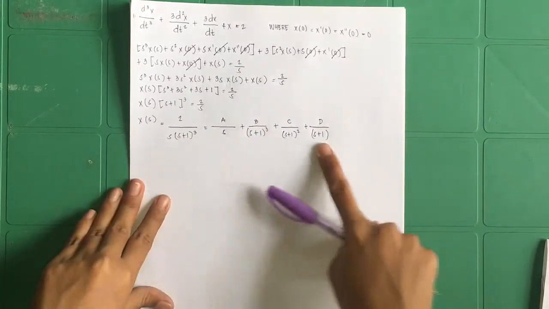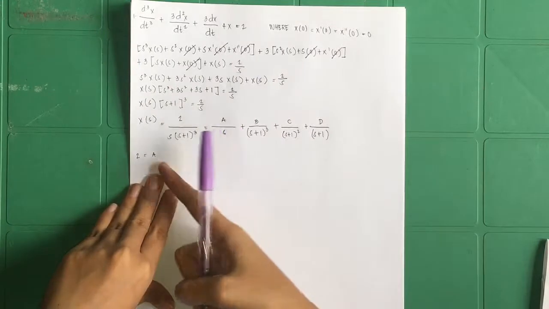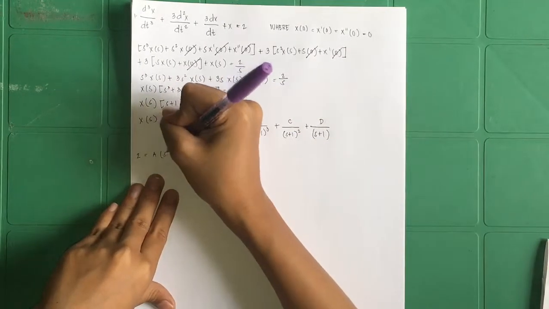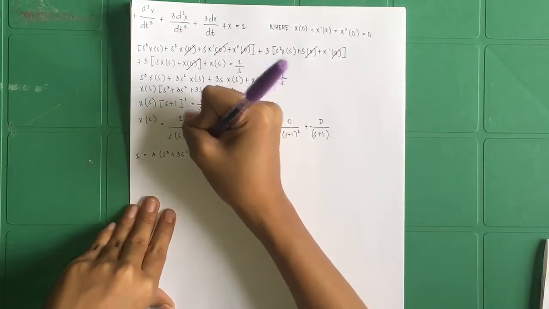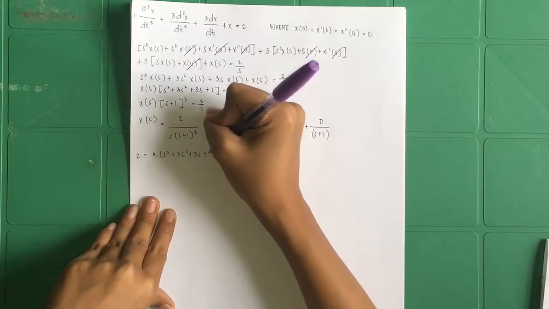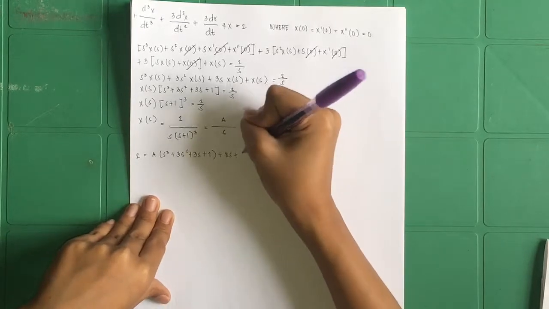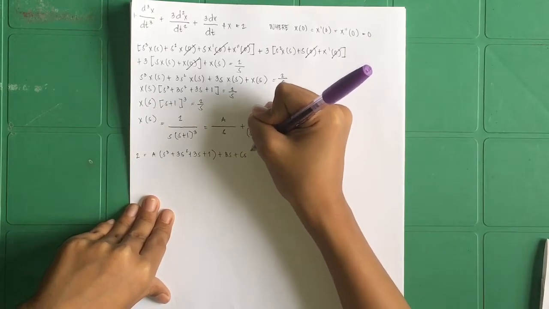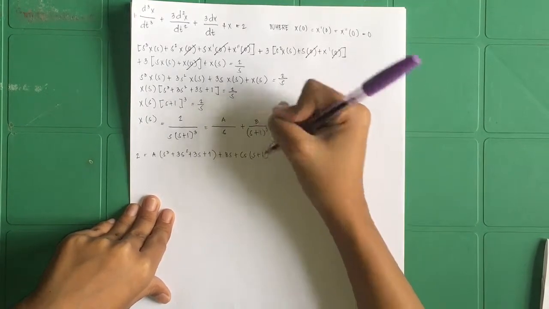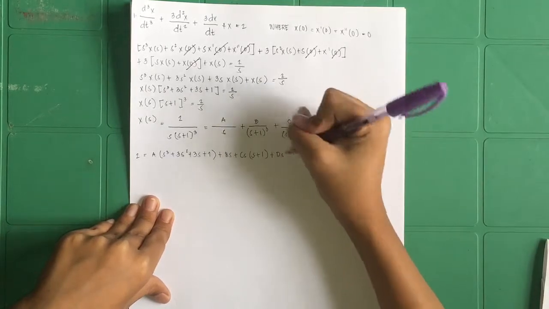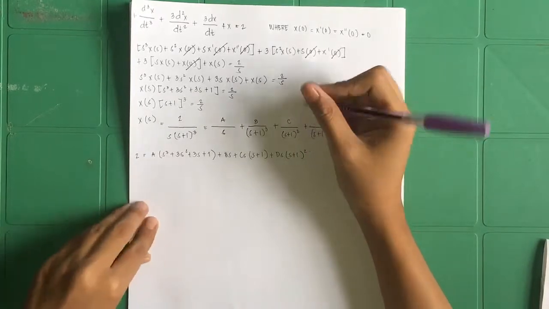With this, I write the equation of A, B, C, and D here. Then I simplify it again.